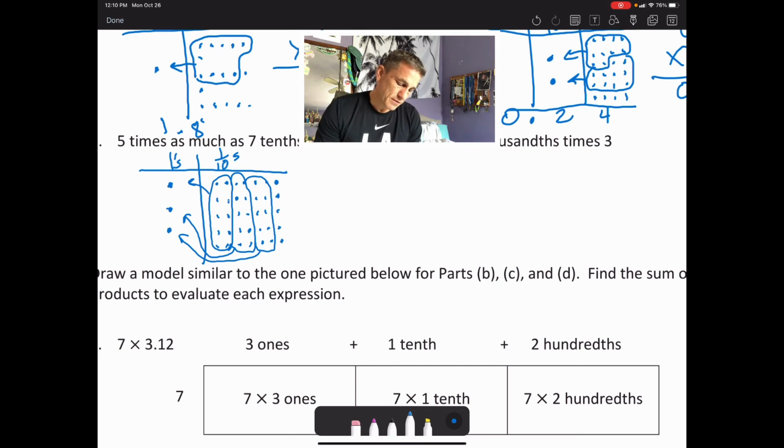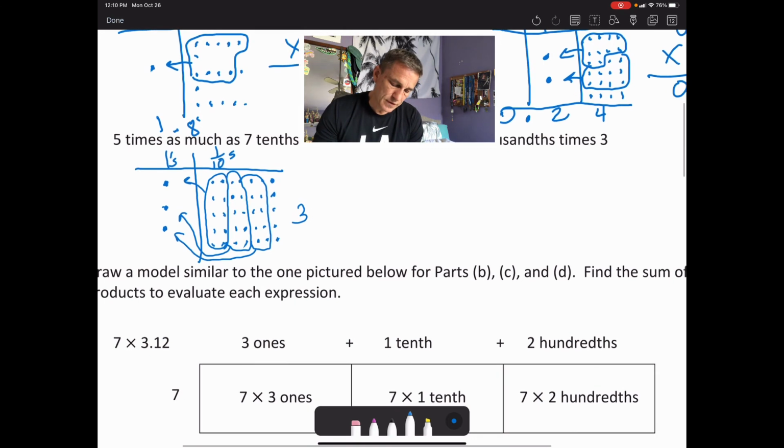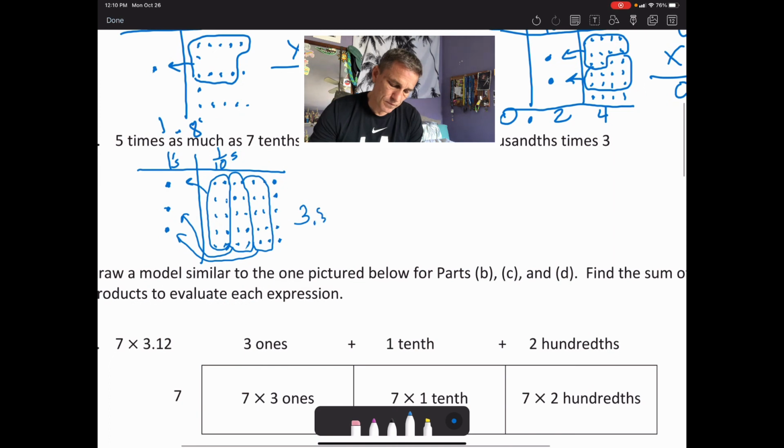And then I have 5 tenths left over there, so I have 3 and 5 tenths. So the equation, 7 tenths times 5 equals 3 and 5 tenths.